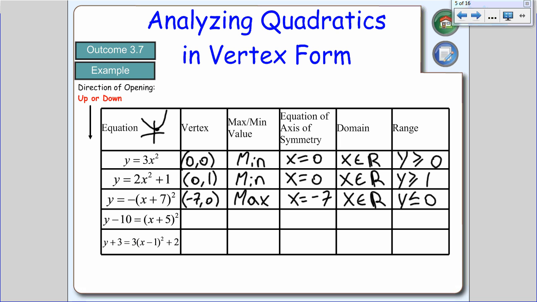This next one isn't in standard form, so you need to make it standard form. Add 10 to both sides. Yeah, easy. Add 10 to both sides. Plus 10, plus 10.